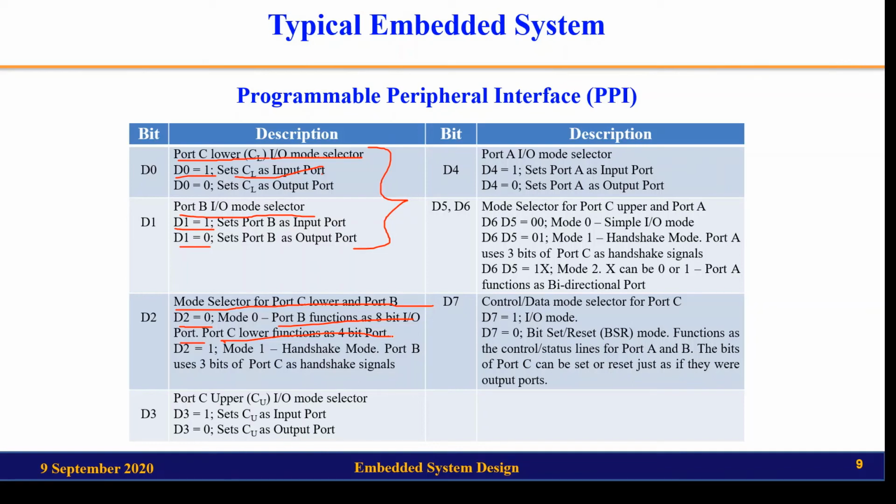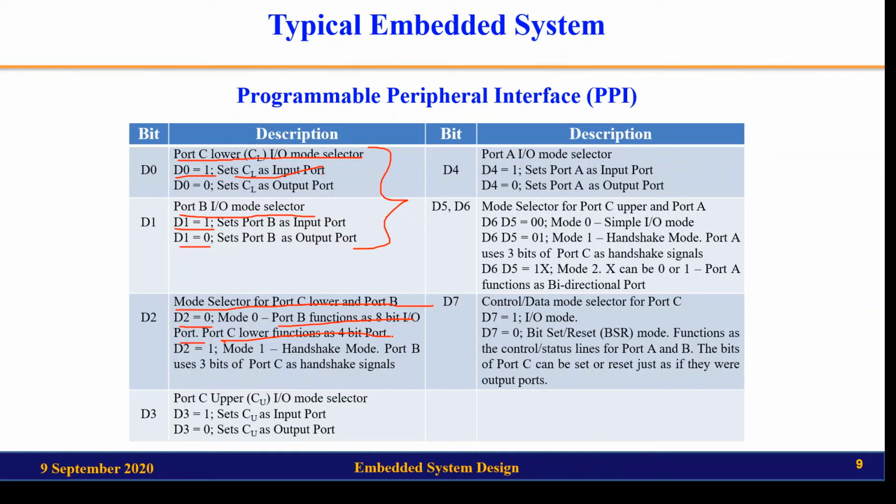Similarly, we have the other group. What is the other group? Port A and port C upper. We'll be seeing about port C upper in the D3 bit. Here we use D3 equal to 0 as an output port.